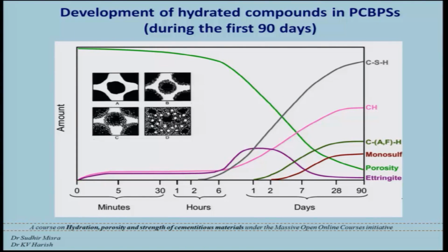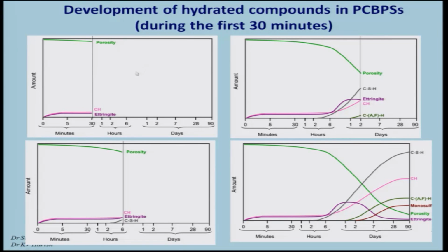So, it is suggested that the audience pay more attention to which compounds are formed at a later stage and which compounds are formed at the early stage, so that they get a representative idea of the entire set of hydrated compounds up to 90 days. Now, a figure which contains all these 4 figures together is shown, so people can go through them simultaneously.